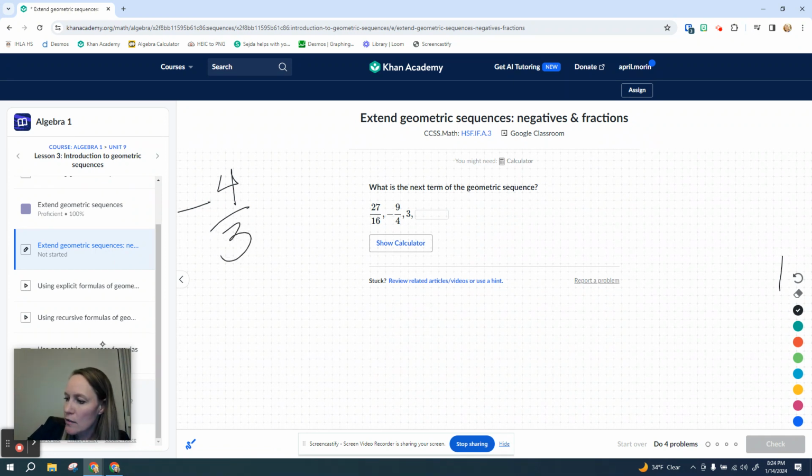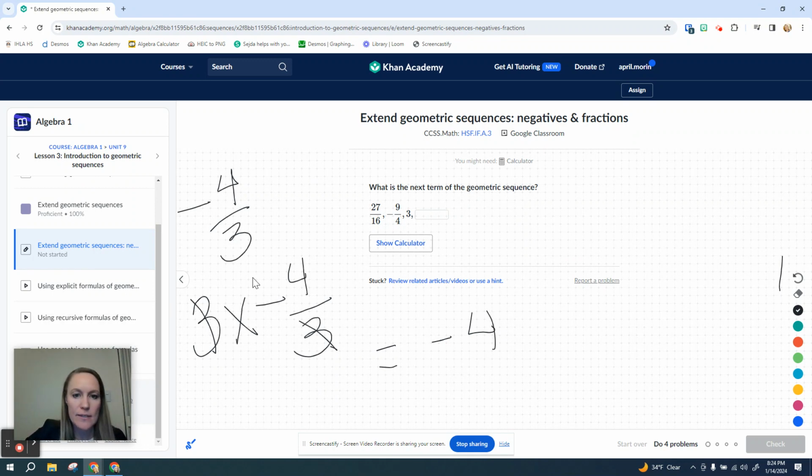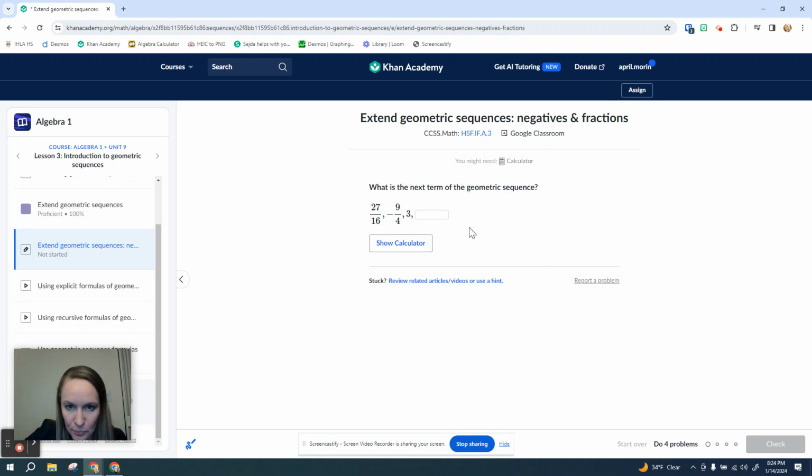So I'm going to take 3 and multiply it by negative 4 thirds. This 3 and this 3 cancel and I'm left with negative 4. So my next number is negative 4. Let's type it in, see how we do.